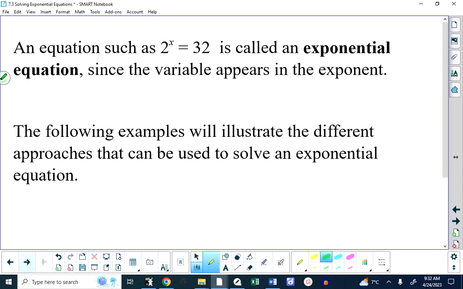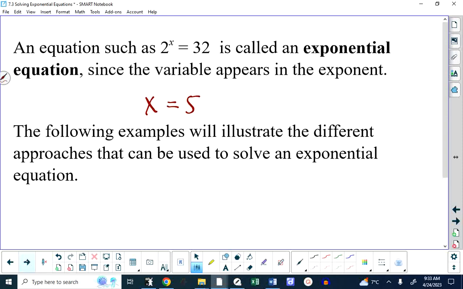What exponent would I raise 2 to get 32? 5, isn't it? So 2 to the 5. So there's no algebra involved in going from 2 to the x equals 32 to simply saying x equals 5. And our goal is always to boil it down to that initially so that we can solve things algebraically.